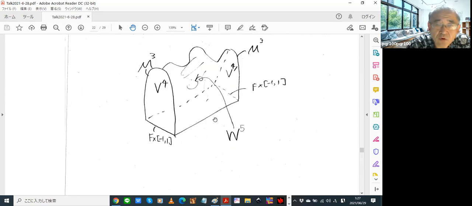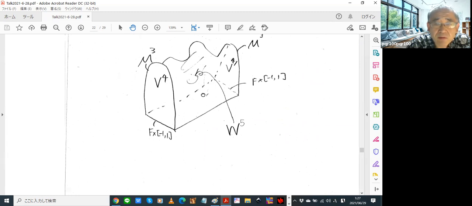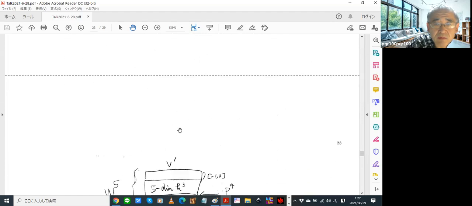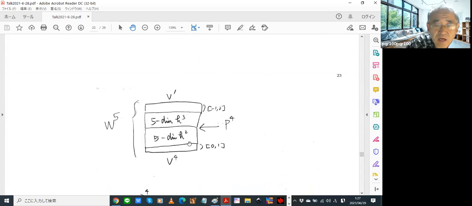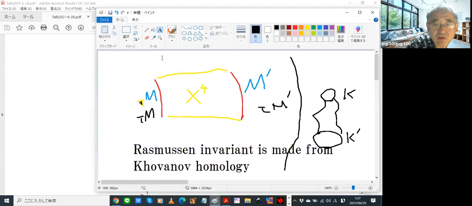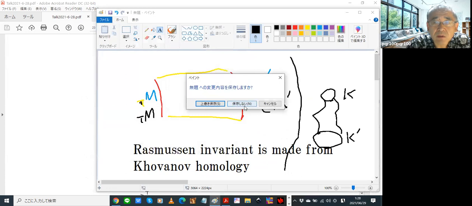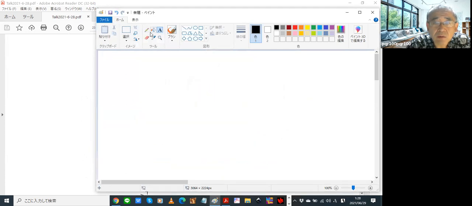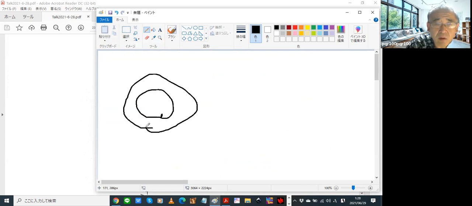In this manifold, we can suppose that there is no 1-handle. Why can we do that? A very low-dimensional example: two circles, 2S1.